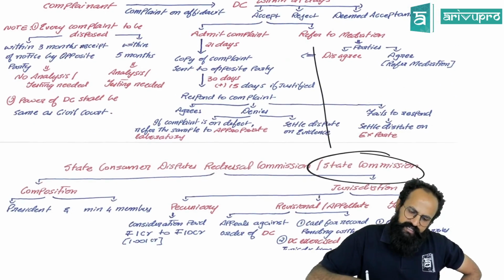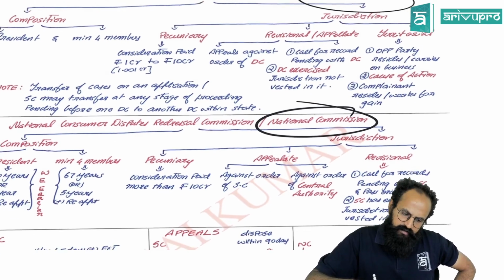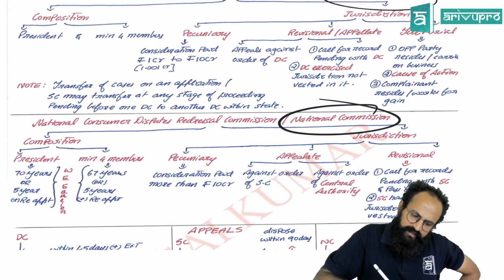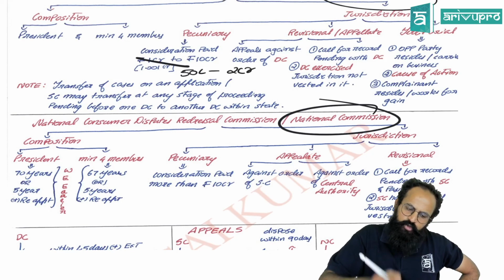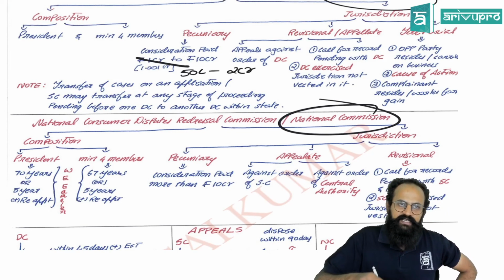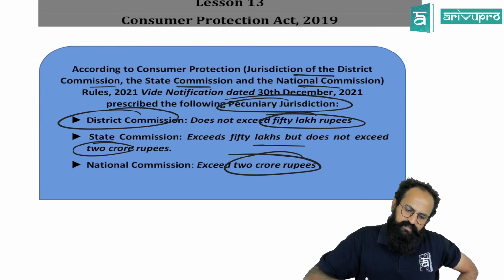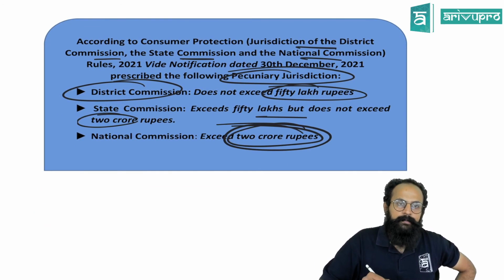State Commission, we would have written 1 crore to 10 crore, this has become 50 lakhs to 2 crore. National Commission, that is your last limit, exceeding 2 crore.